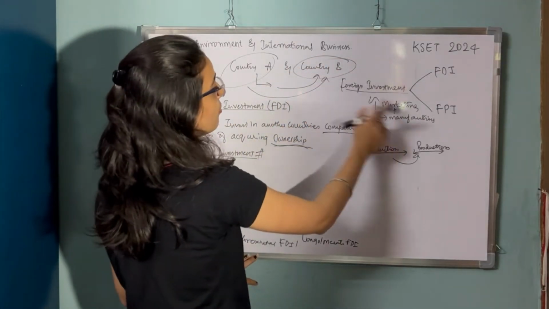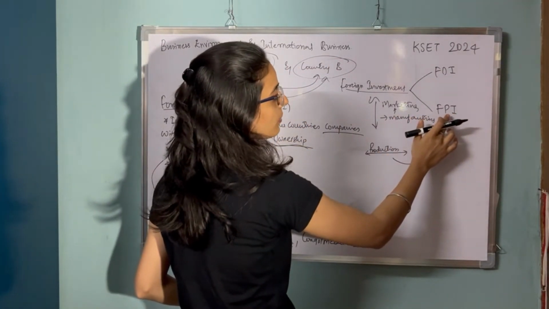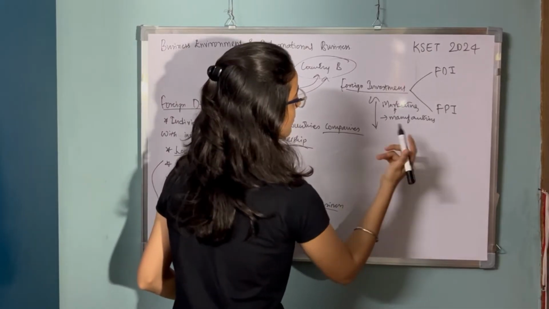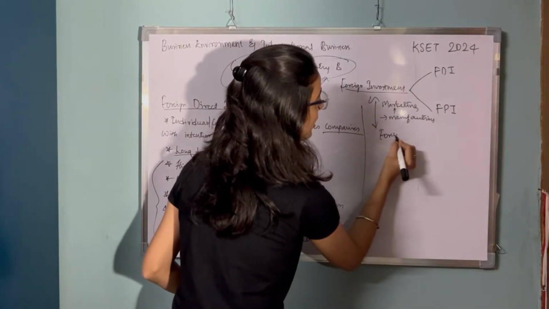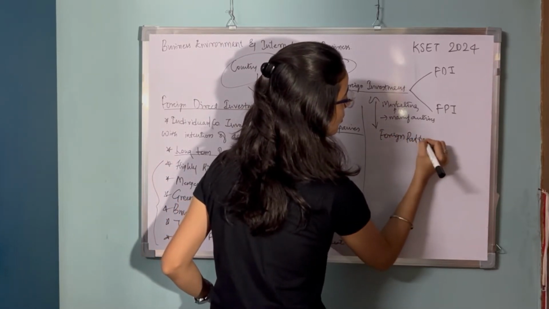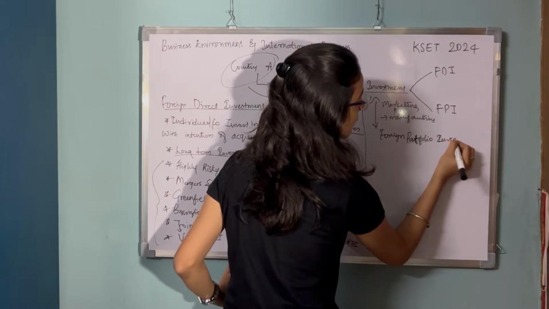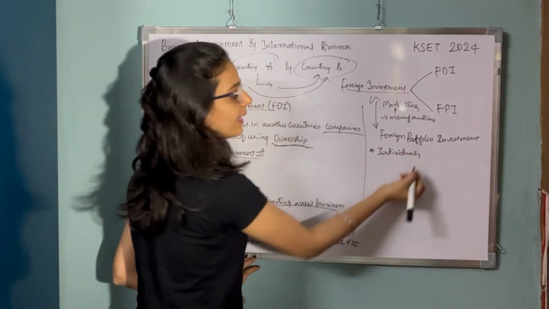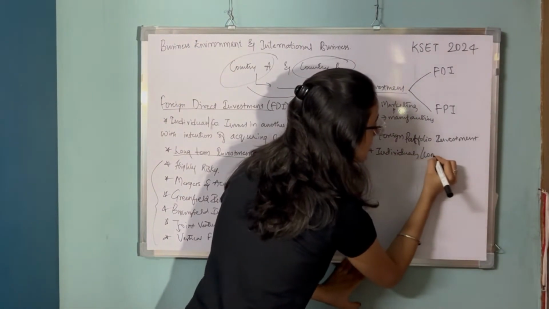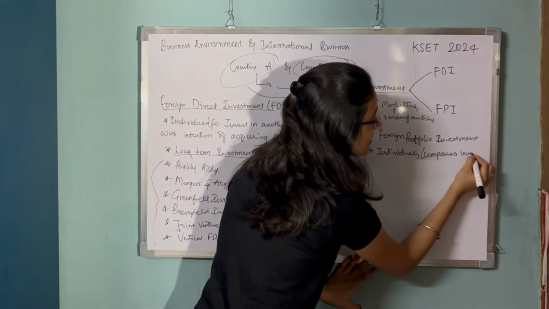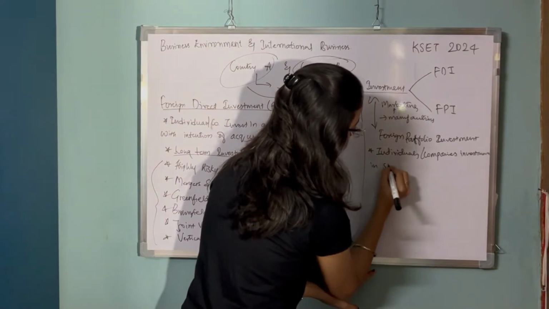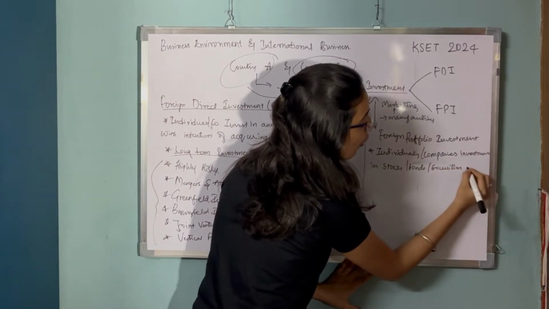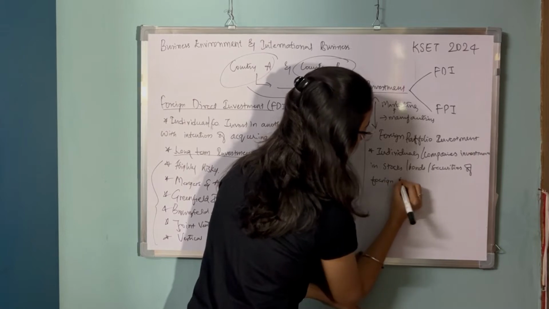Now let's look into the concept of FPI, that is foreign portfolio investment, which is nothing but when individuals or companies invest in stocks, bonds, or other securities of foreign companies.